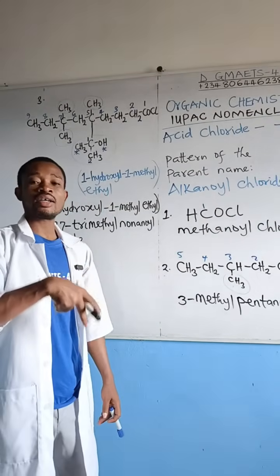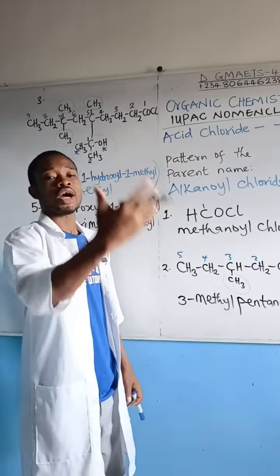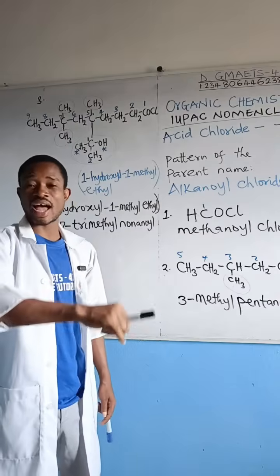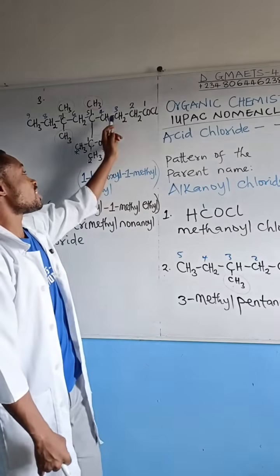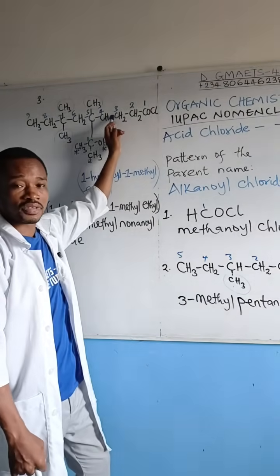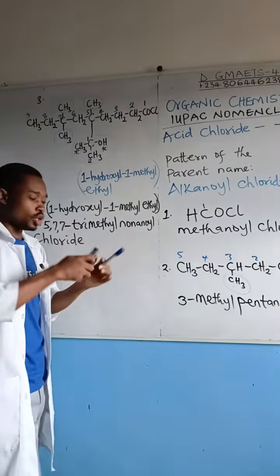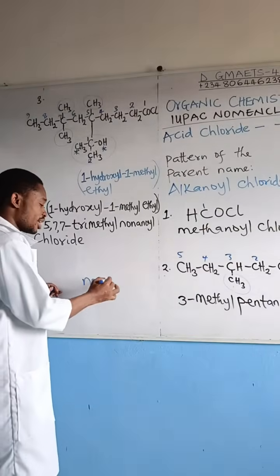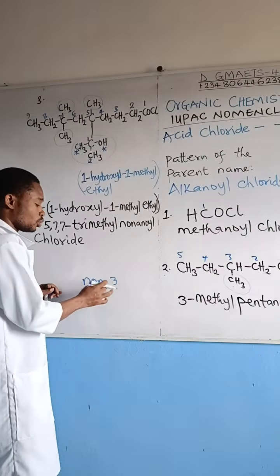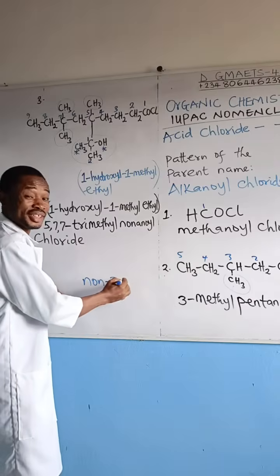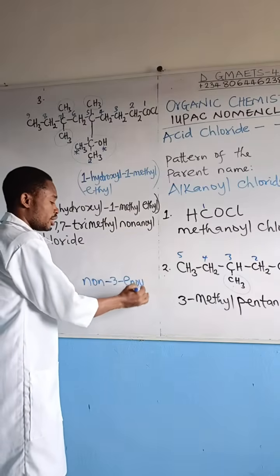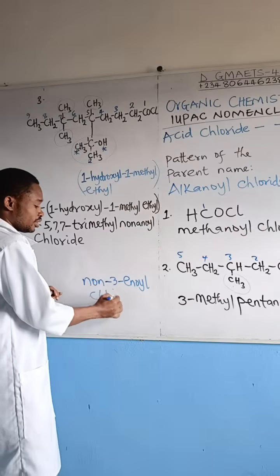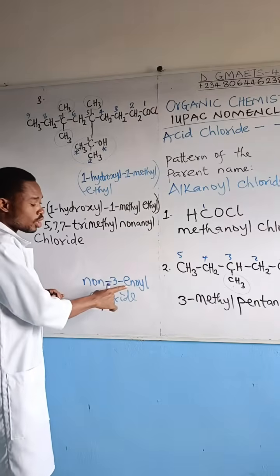So if you are given the name of this, the parent name will now take this format: alk-something-enoyl chloride. That something is the position of that double bond. For example, if I have a double bond on carbon number 3, you break it and indicate the carbon atom bearing the double bond, which is 3. Non-3-enoyl chloride. So that's how the name will go. No longer anoyl.